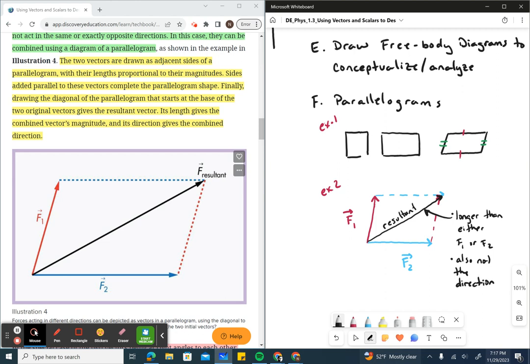So this can allow you to predict the direction of combining F1 and F2. This allows us to analyze or predict the result of combining vectors, because that's what we just did, right?